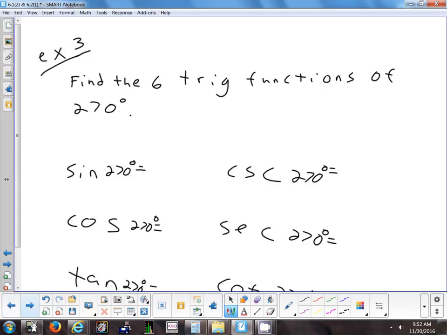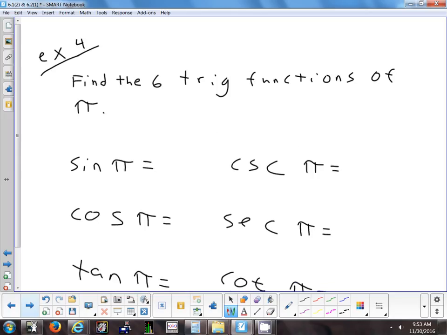Okay. What about 270? Where is that? Down. So what's the coordinate? 0, -1. Yes. And now that would be very similar to the last one, except just be careful. Now you're plugging in a -1 for y and a 0 for x. How about pi?